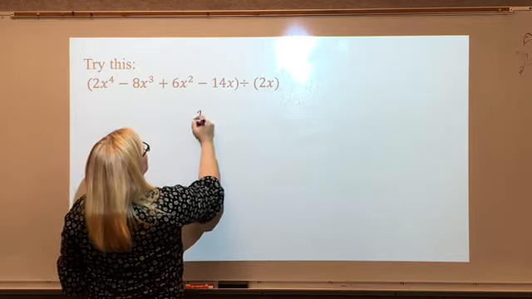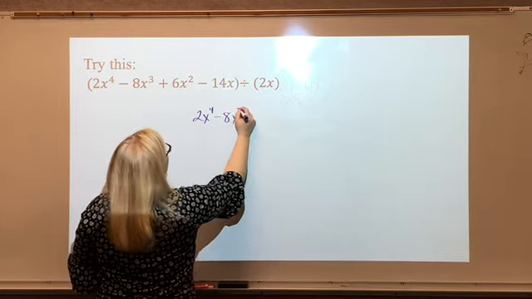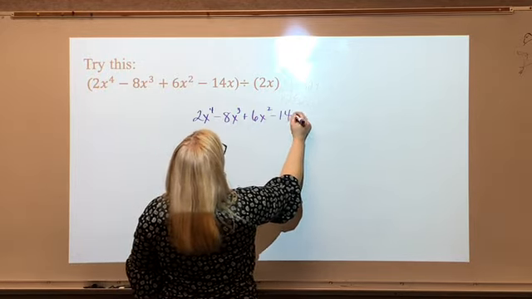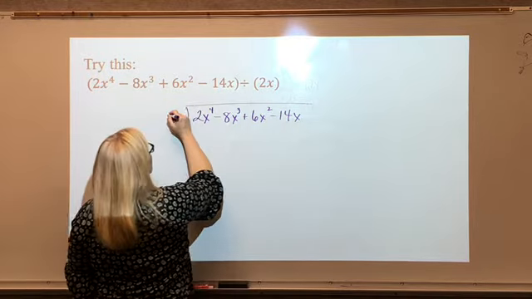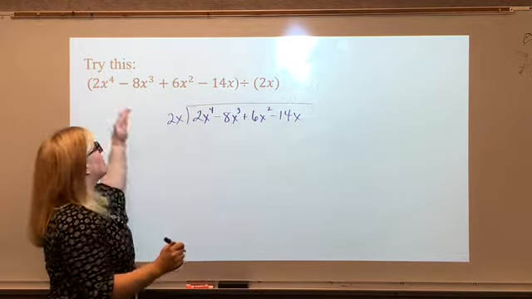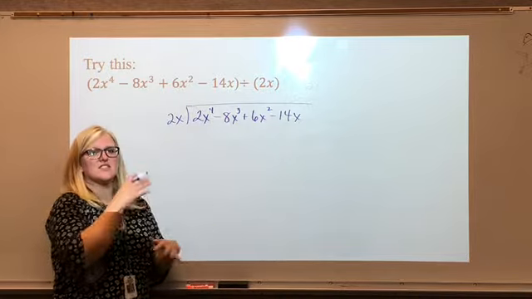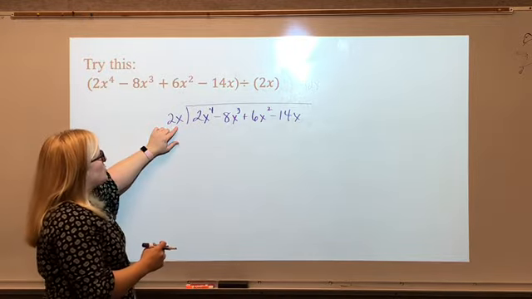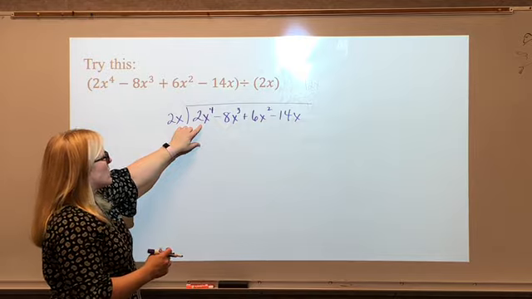So we've got 2x to the 4th minus 8x to the 3rd plus 6x squared minus 14x divided by 2x.